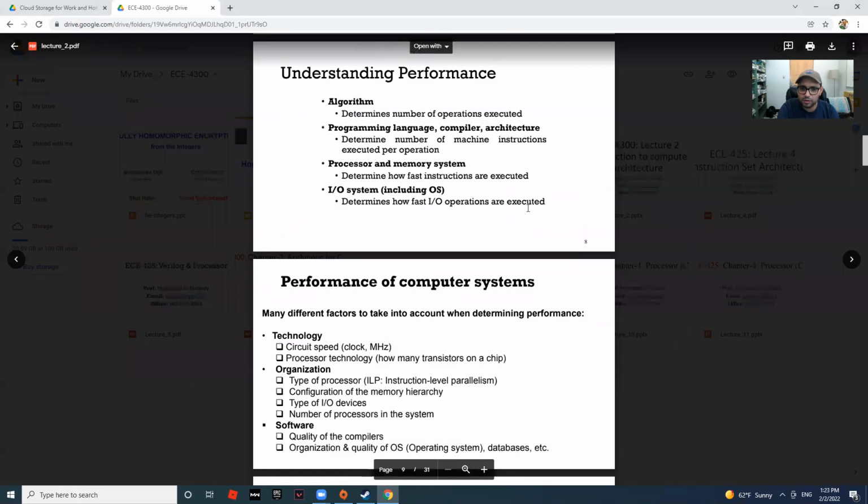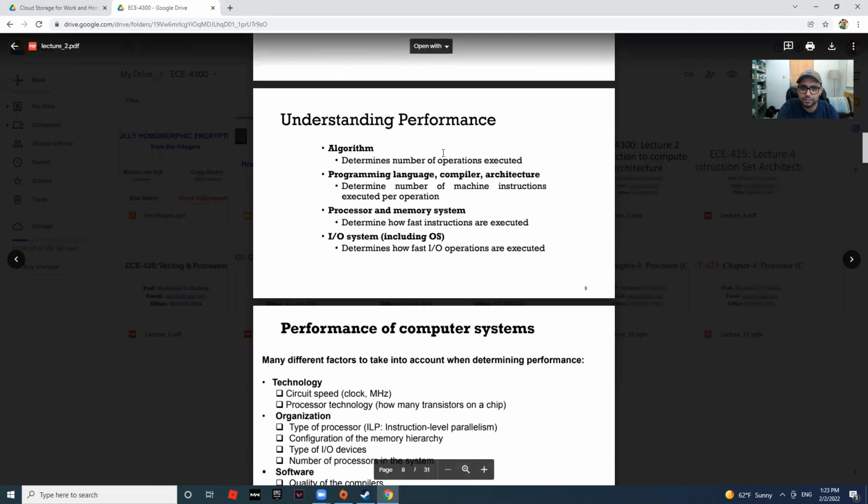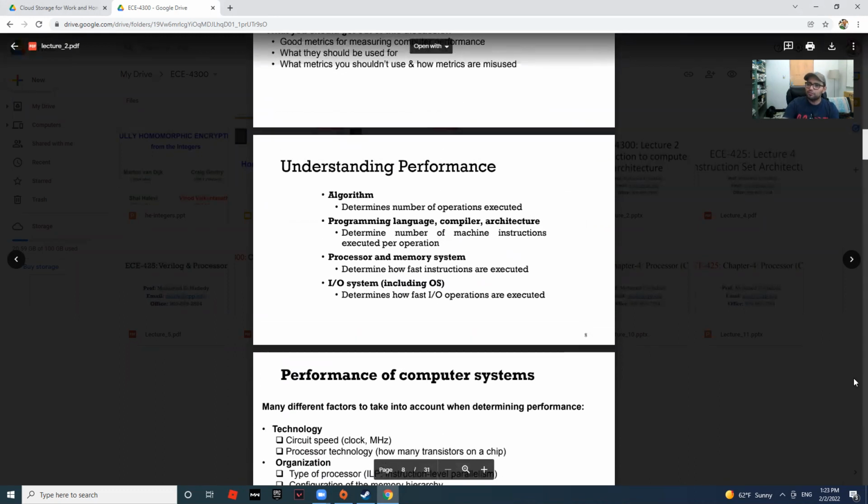And we so far passed through the area of understanding performance, right? And we agreed that when I look into the performance, I look into the whole entire stack from the top to the bottom, right? From the algorithm that I'm trying to implement on the machine and breaking into executed operations.